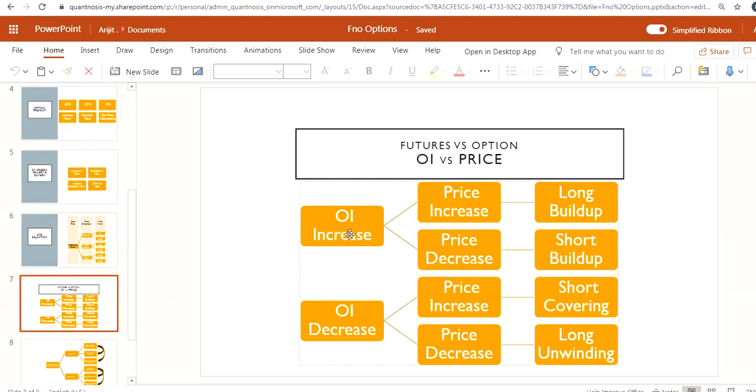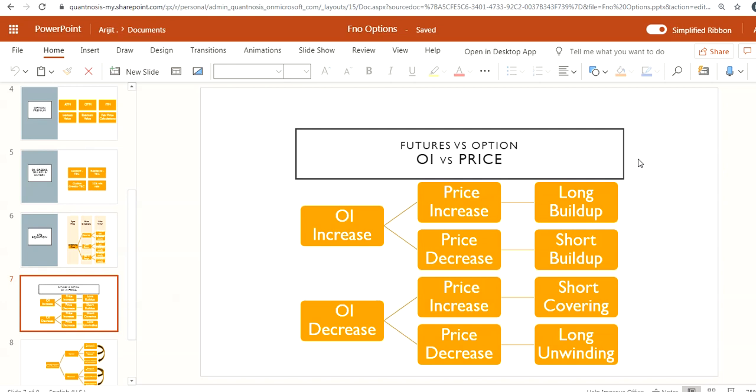We mentioned that this is something we'll probably cover again in the option chain video in the next part. But here is something we already discussed in futures: if open interest increases and price increases, then there's a long build up; open interest increases and price decreases, there's a short build up. Similarly options will also have the same thing, except now options do not have a single factor.